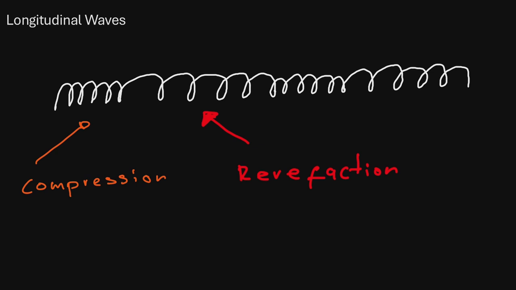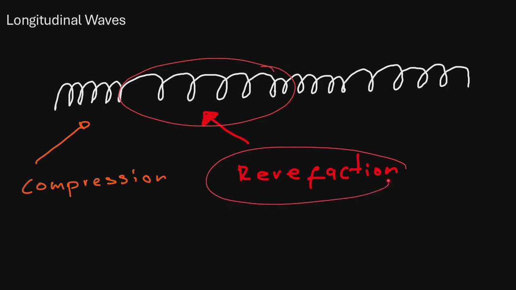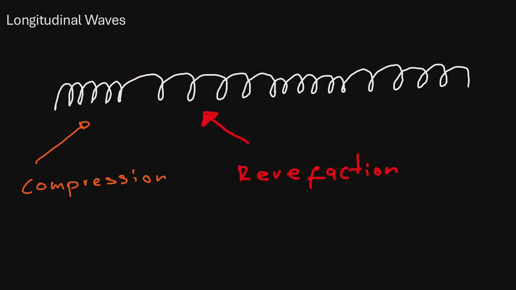So if the particles are close together, we call it compression. Further apart, we call it rarefaction. So we can see that the particles will be compressed here and they will be rarefied here. That is the most important thing that you need to know.